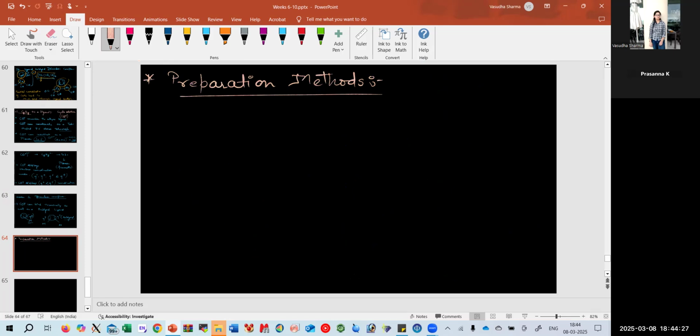Firstly, we are talking about the preparation methods where we have to make use of a planar C8H8 ligand. That means it would be a C8H8 2 minus.